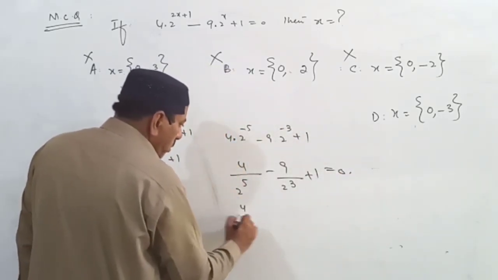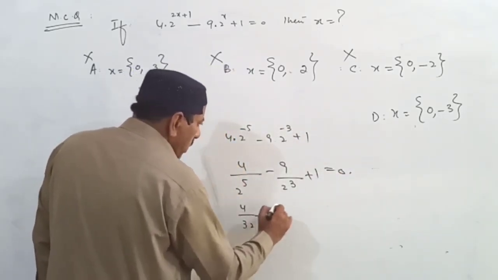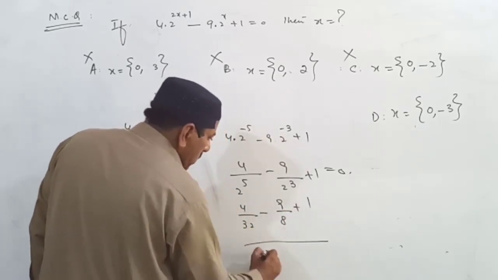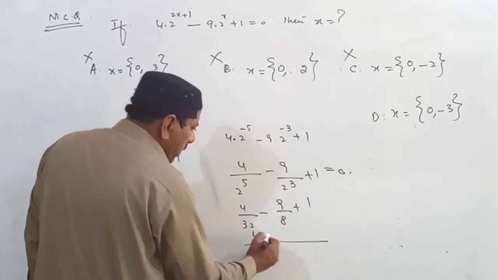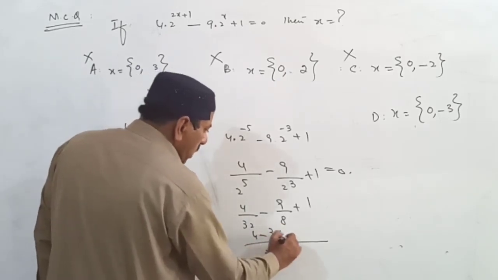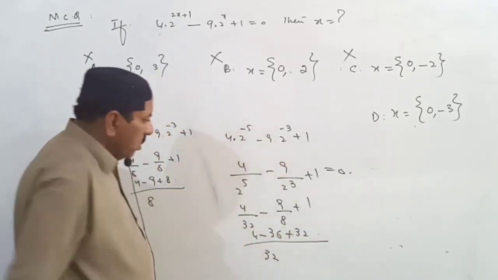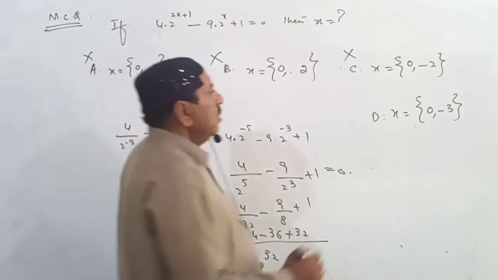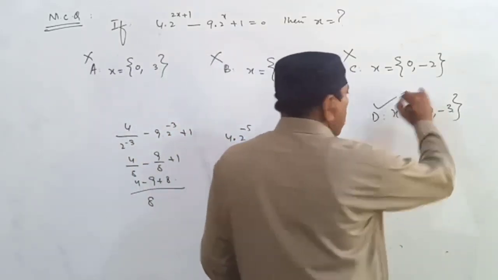So this will be 4 upon 32 minus 9 upon 8 plus 1. 32 is the LCM: 4 minus 36 plus 32. So 32 plus 4 is 36, 36 minus 36 is 0. So 0, minus 3 is the correct option.